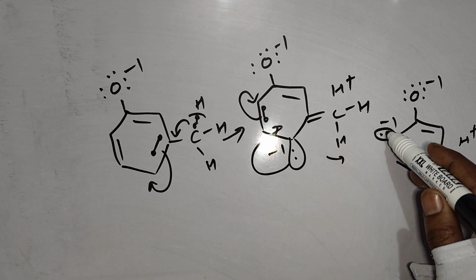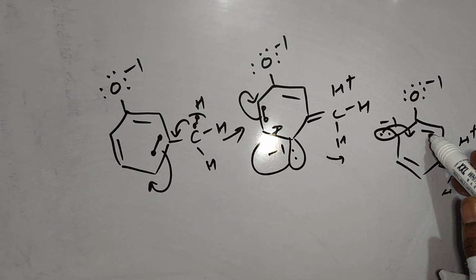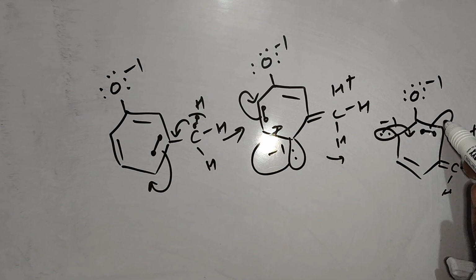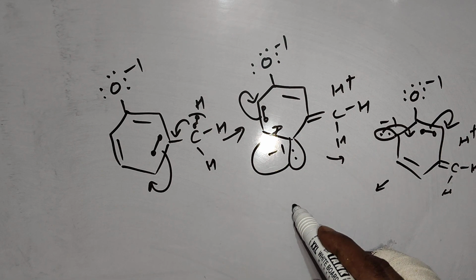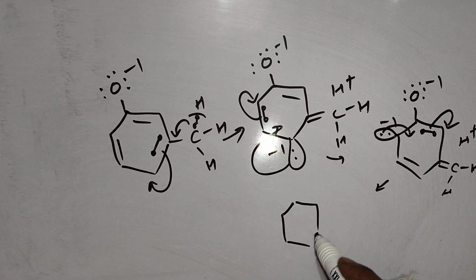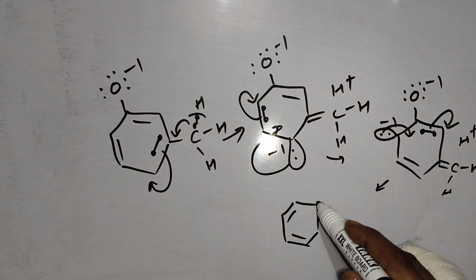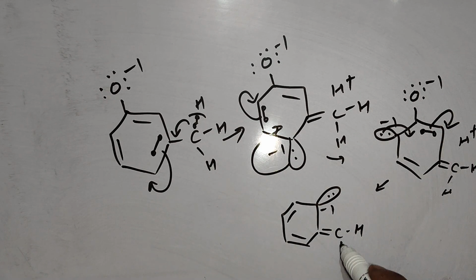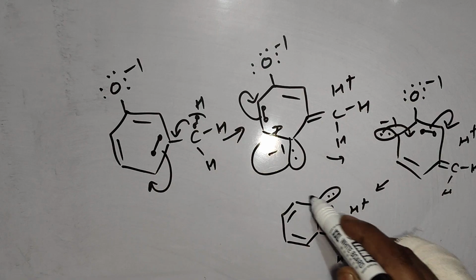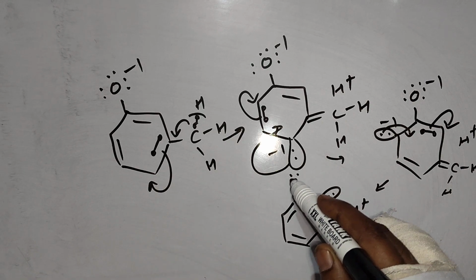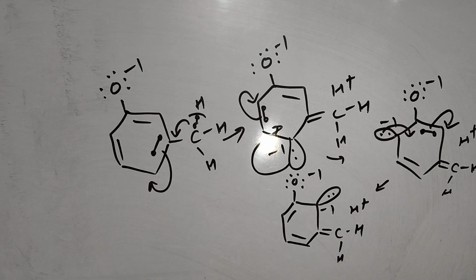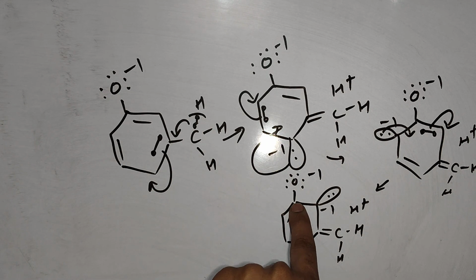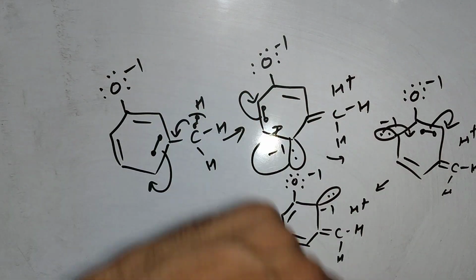Now these lone pairs will come in bonding like this and these pi electrons will move to the next carbon. So you can check, if the CH3 group is present on meta position, due to hyperconjugation electrons are not coming on this carbon. And if electrons are not coming on this carbon, they can't affect the stability of oxygen.